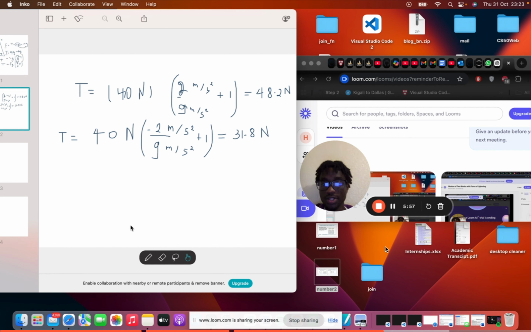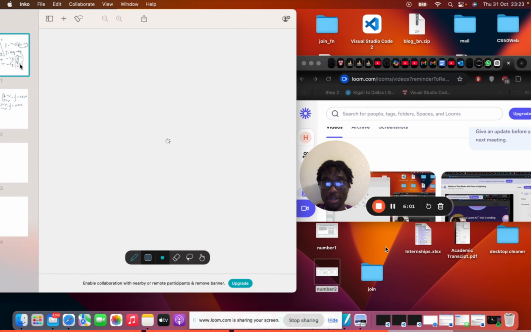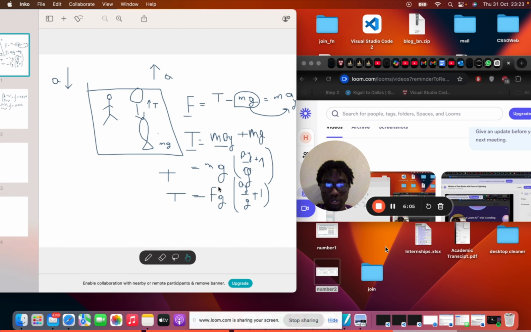As you can see, we have our tension from the formula I showed above: the gravitational force acting on the fish, mg, times a_y over g plus 1, where a_y is the acceleration and g is the gravitational acceleration. This is the formula we're using to see what measurement our scale will show.